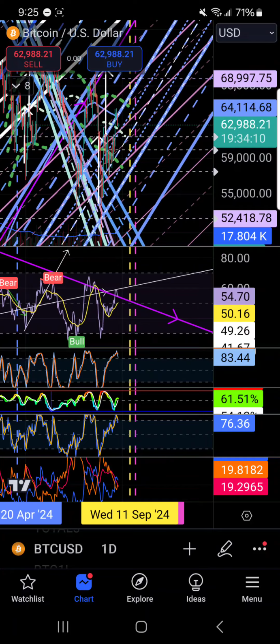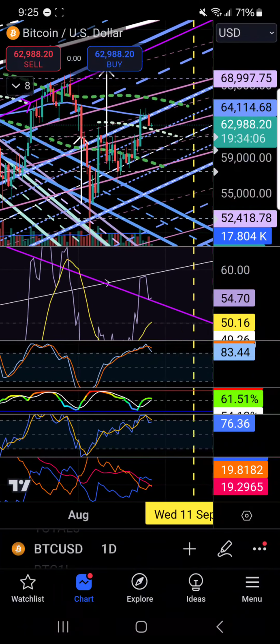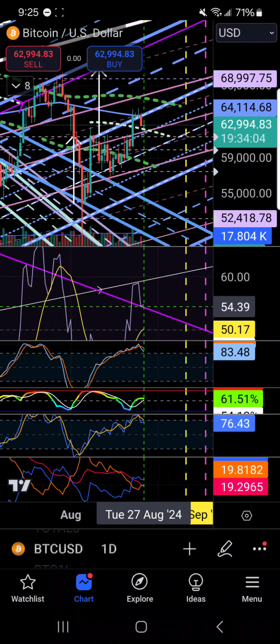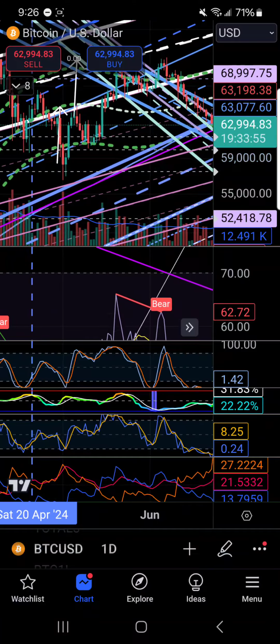And we're kind of retesting this purple line that I've drawn. We did bounce off of this purple support line that I've drawn.